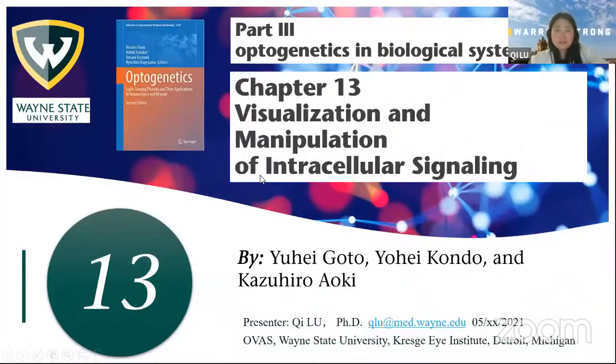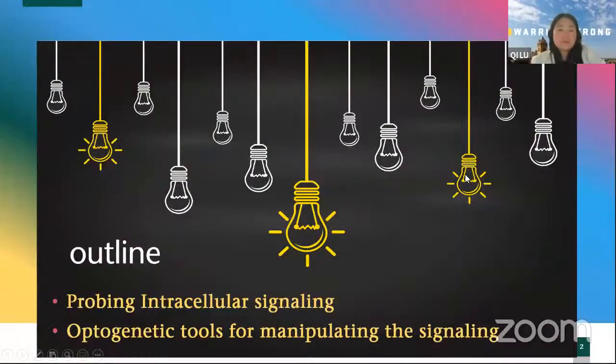optogenetics series. Today I'm going to move on to part 3, about optogenetics in biological systems. Today we're going to talk about how to visualize and manipulate intracellular signals.